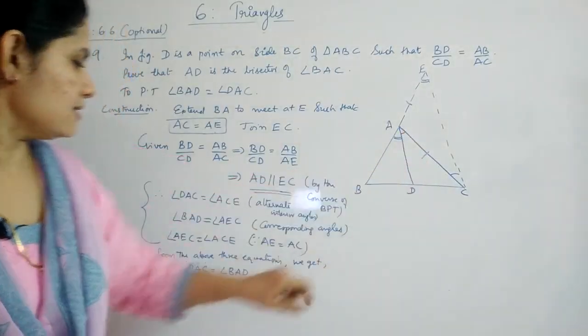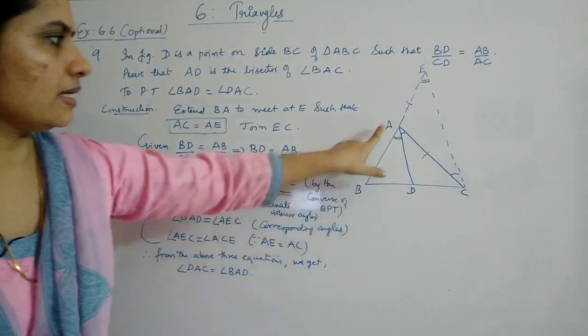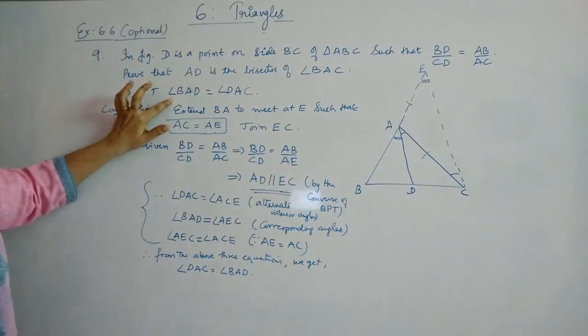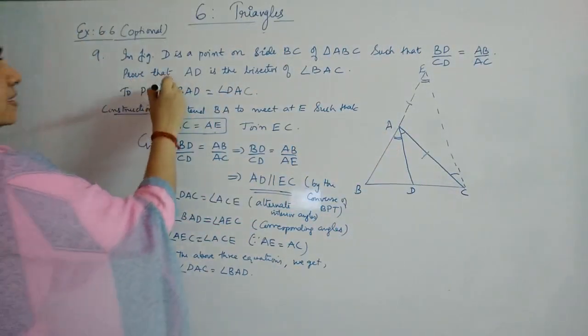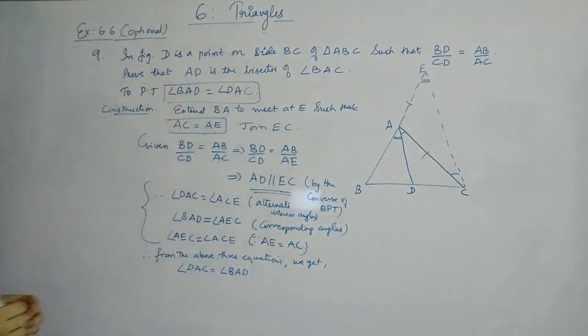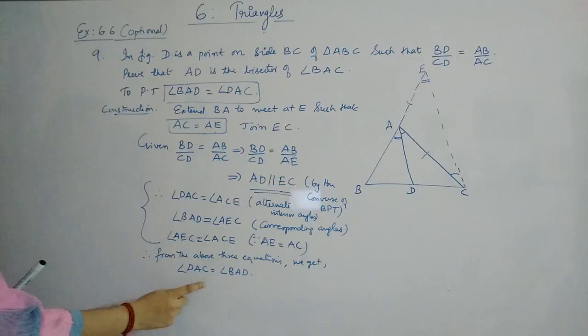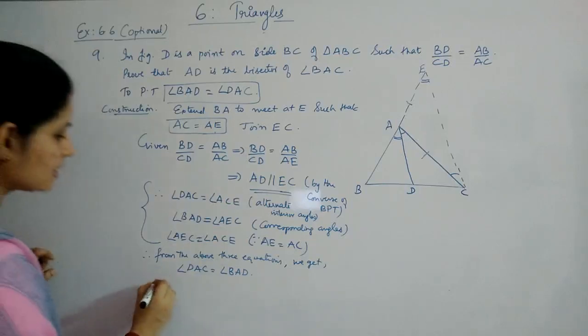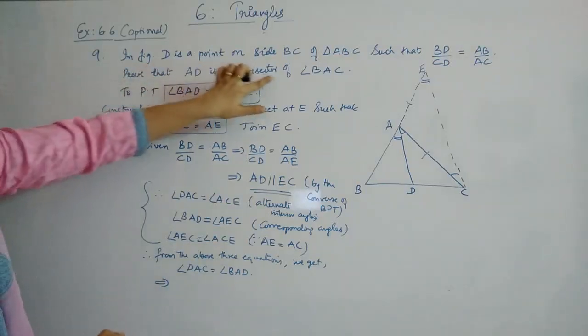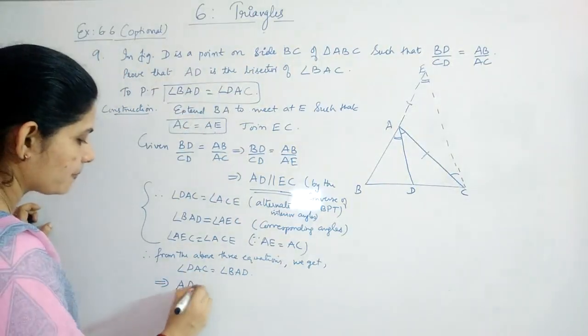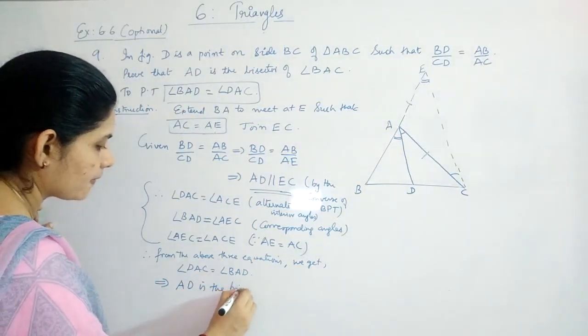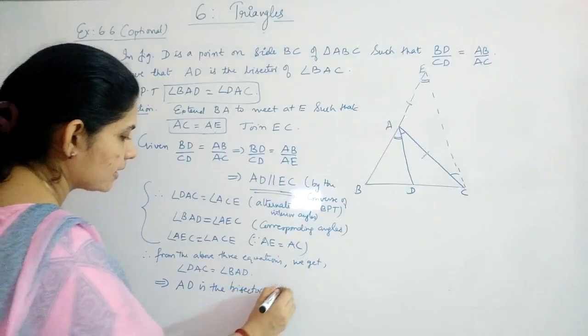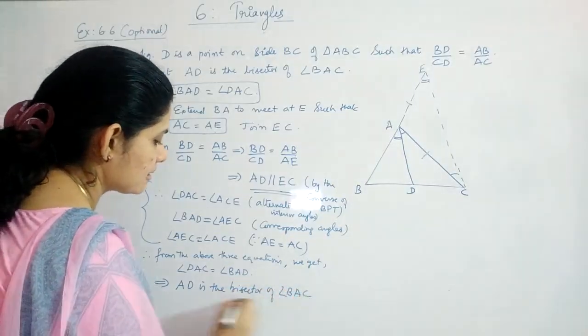DAC, this angle is equal to angle BAD. That is what we need to prove. We have already written angle BAD is equal to angle DAC is our ultimate purpose to prove. And since we got this, we can say that AD is the bisector of angle BAC.